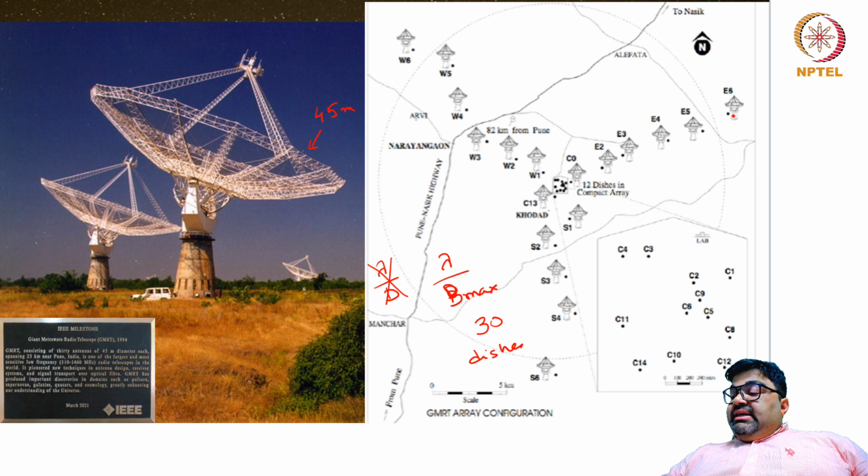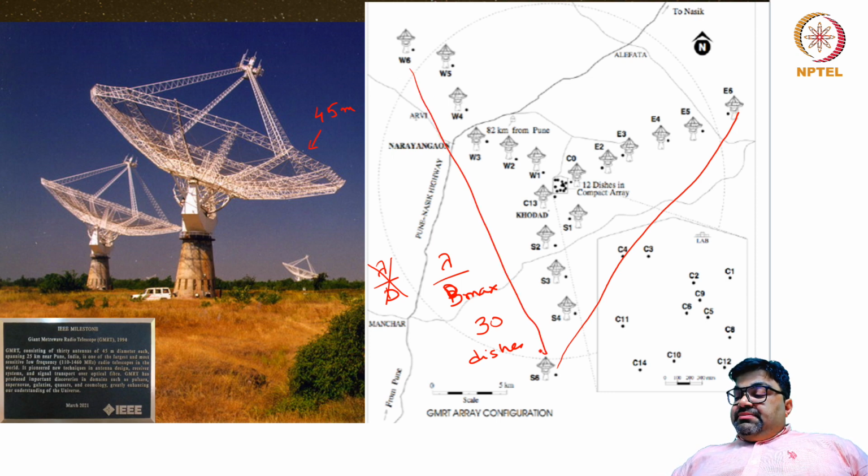What is that? That is the maximum baseline between any two antennas inside the array. Roughly, this dimension is the size of the array, or the maximum baseline.